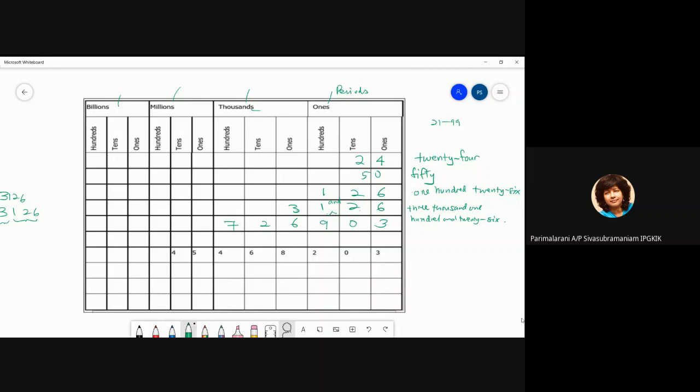Anyone want to try? Seven... 726,903. Again. 7,026,903.